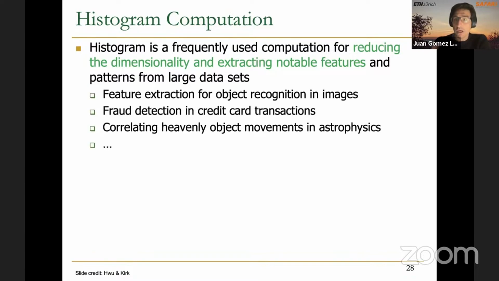In the end, a histogram is a way of representing the data that some input data set contains. For example, in images, a histogram is an array that has different bins, and each of the bins corresponds to the count of the values in the pixels of the image.